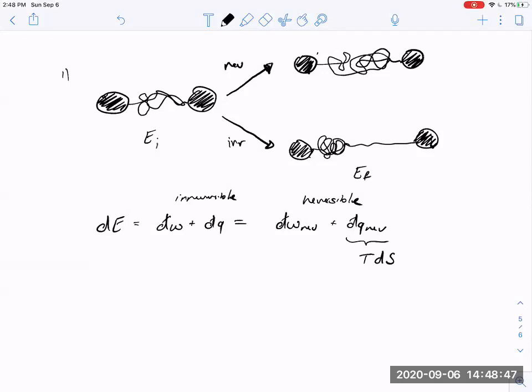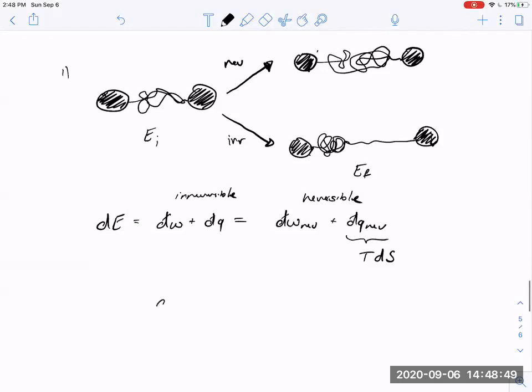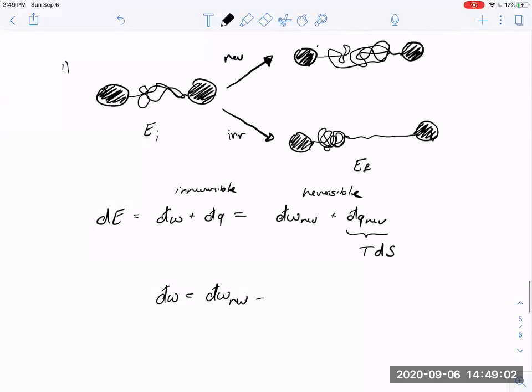Rearranging this equality, we have that the work done irreversibly is equal to the work done reversibly plus the heat reversibly, which I can compute from T dS, less the heat released irreversibly.